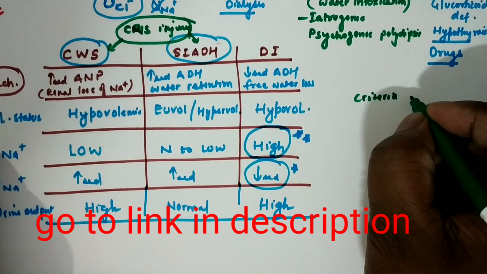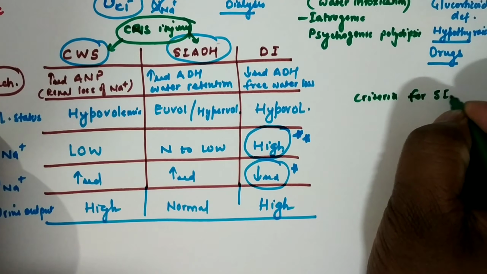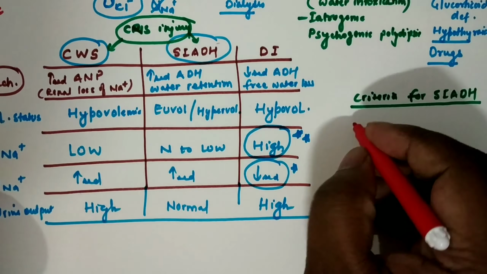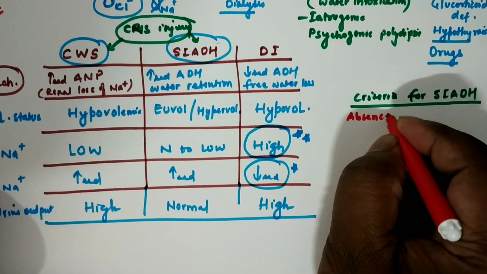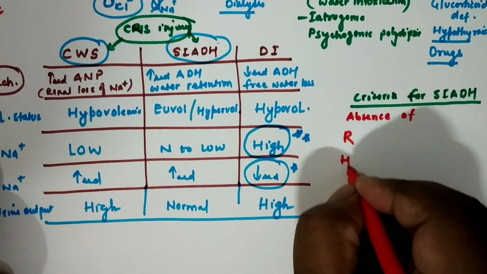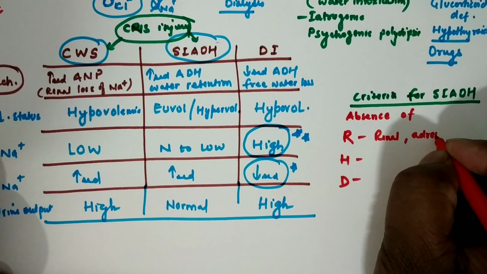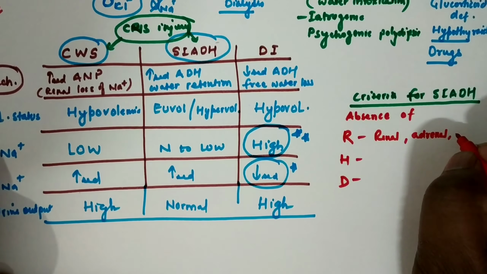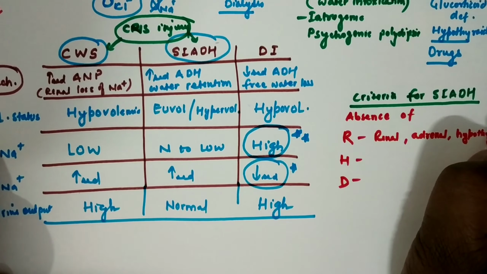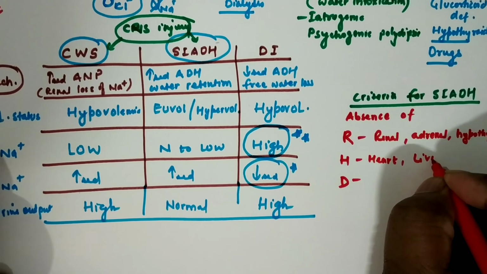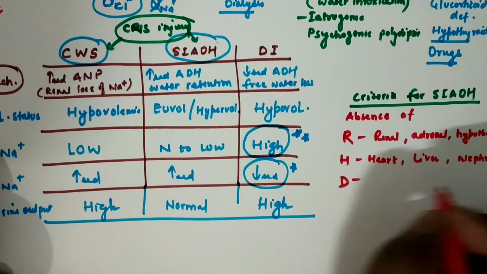Now, criteria for syndrome of inappropriate ADH. I have made a mnemonic. In absence of renal failure, adrenal insufficiency and hypothyroidism, heart, liver, and nephrotic syndrome, we have to rule out all these conditions.